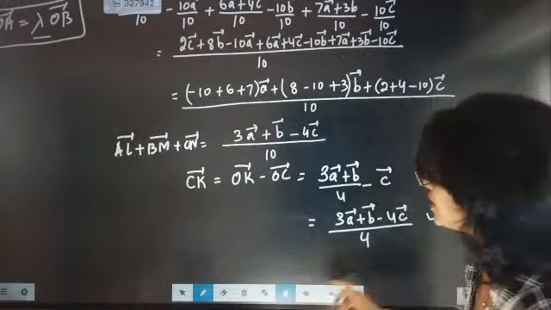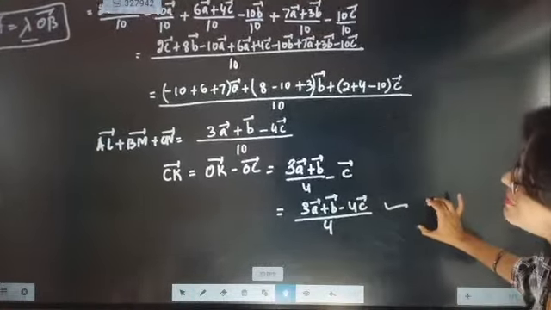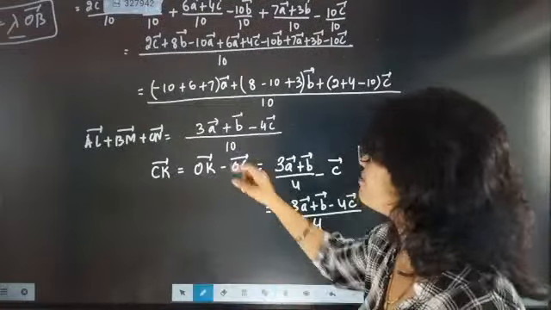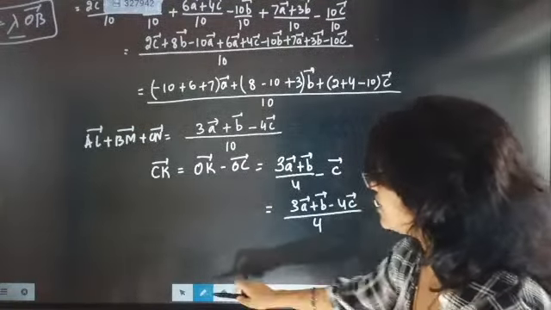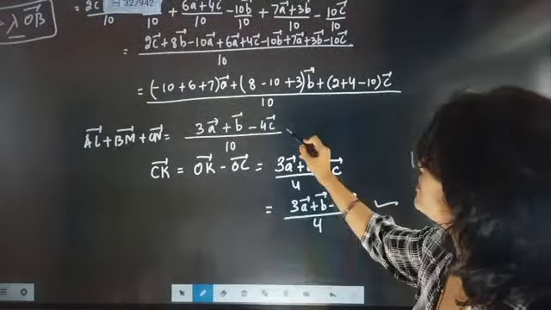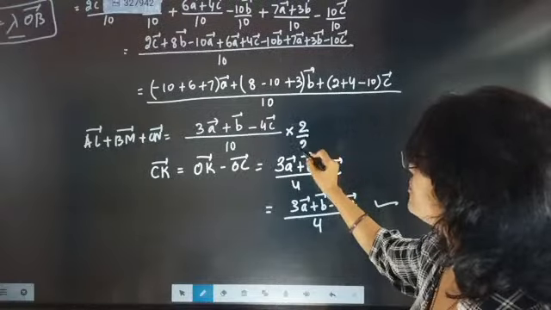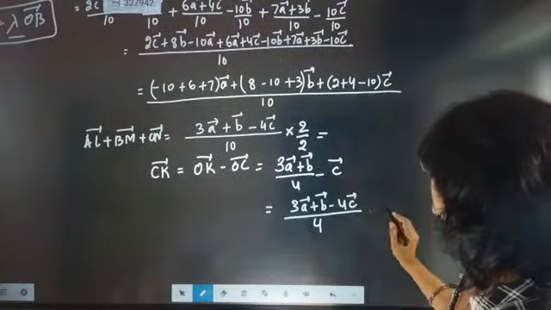So now how to arrange them? This is written with 10 in the denominator, so shall we multiply here by 2 and write it as equation 2?